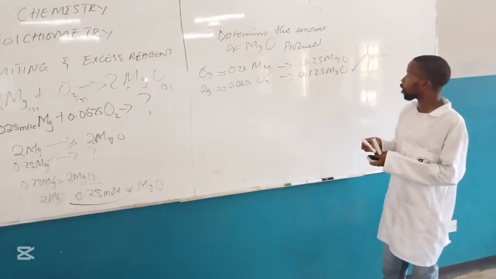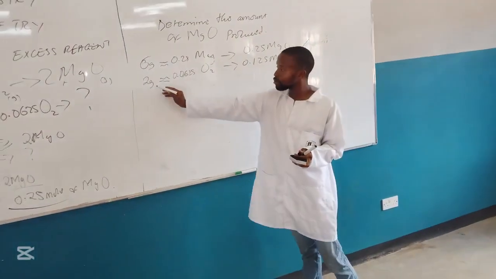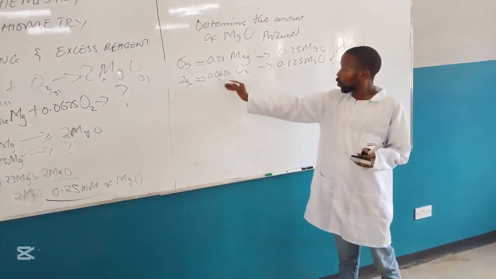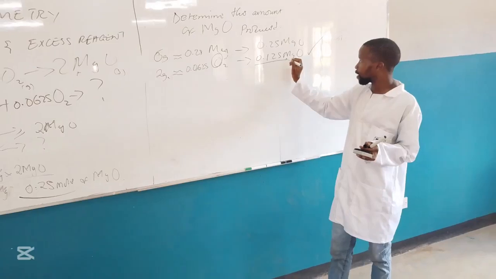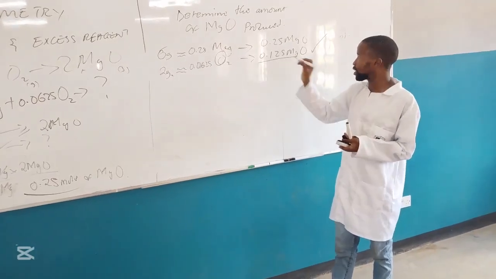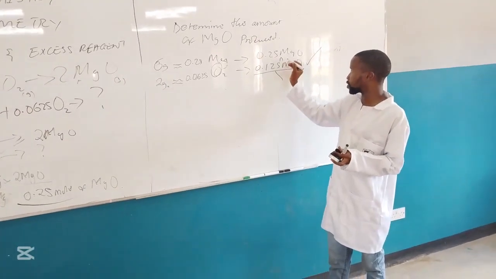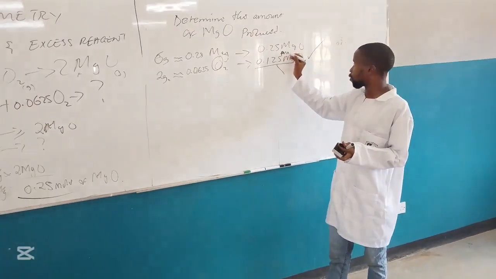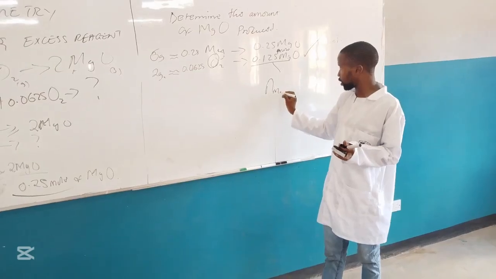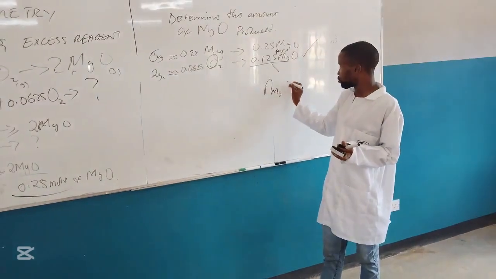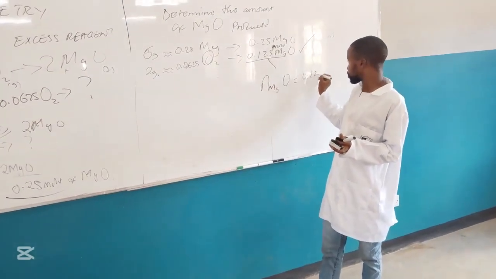So now we know that with 2 grams of oxygen gas, we are going to produce 0.125 magnesium oxide. Remember, this is the number of moles: number of moles of MgO is equal to 0.125.